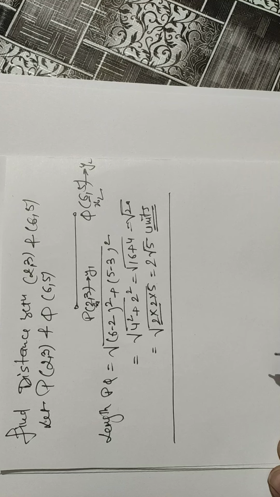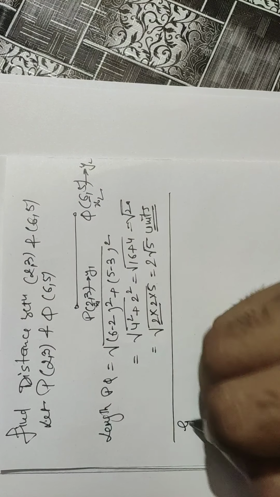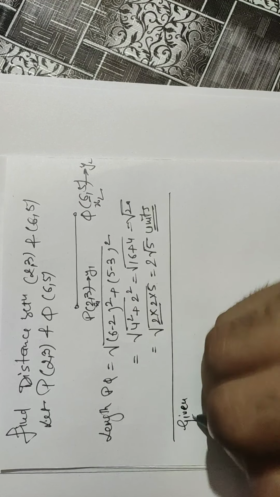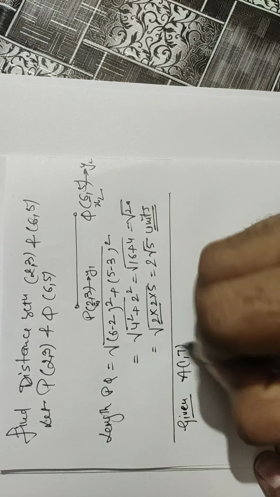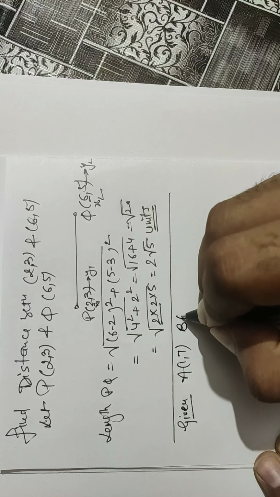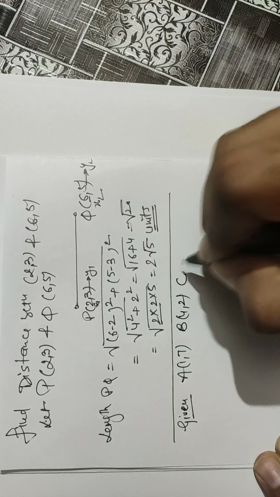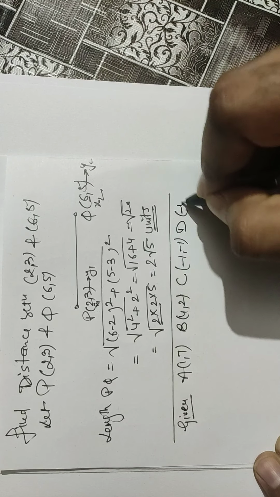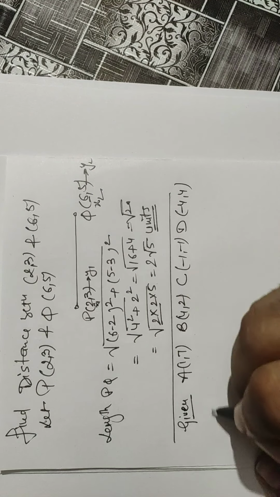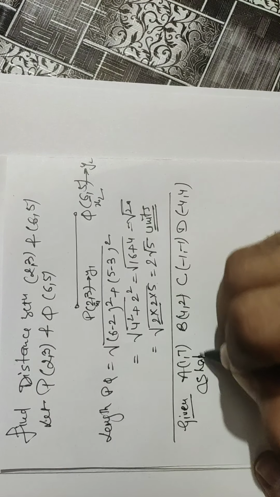Second type we are going to discuss. We are given four points: A (1, 7), B (4, 2), C (minus 1, minus 1), and D (minus 4, 4). We have to check the shape here.